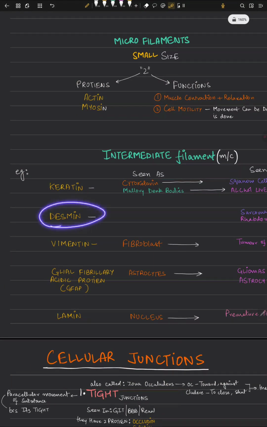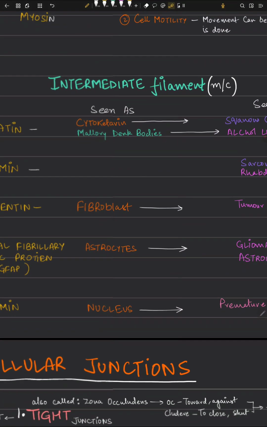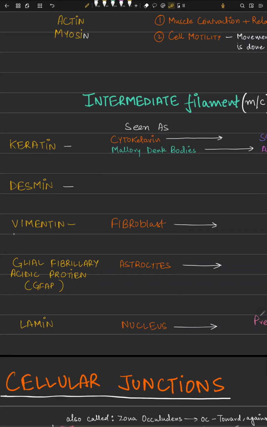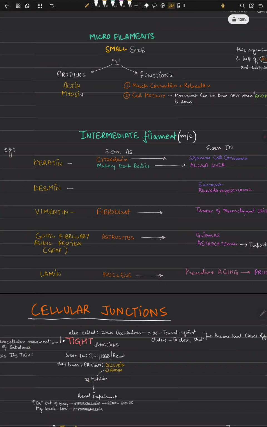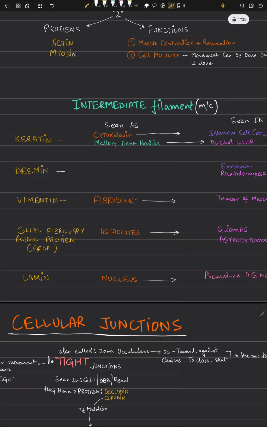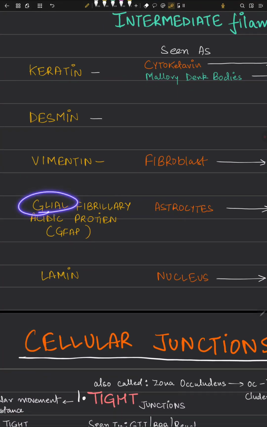And if there is desmin presence, then it means it's a sarcoma, a cancer of muscles, rhabdomyosarcoma. Cool. If it's vimentin, then we will see fibroblasts, and we see fibroblasts in tumors of mesenchymal origin. Cool. Let's see glial fibrillary acidic protein, GFAP, something with brain, fibrillary, glial, brain.